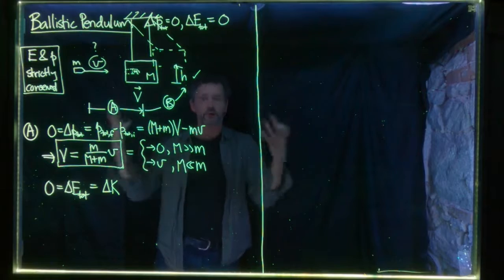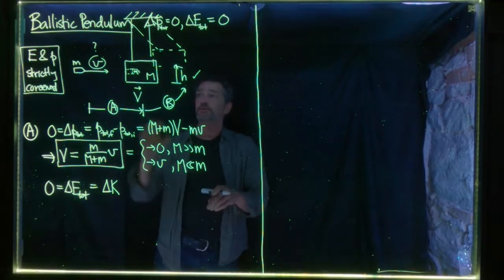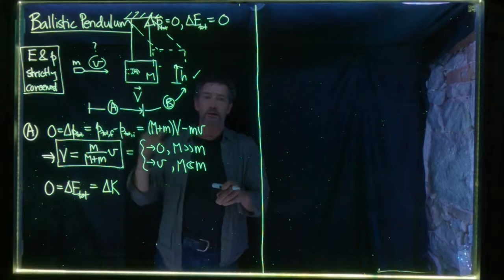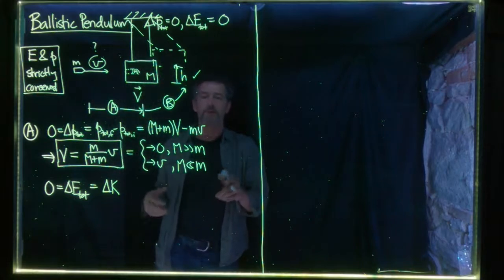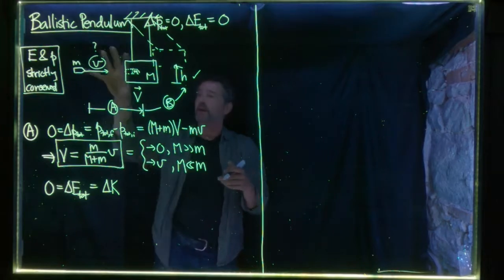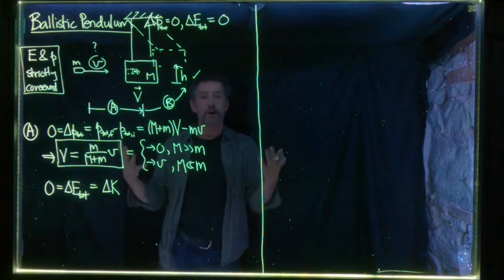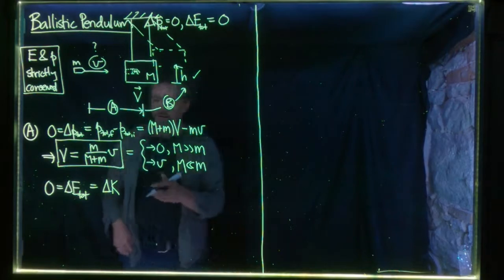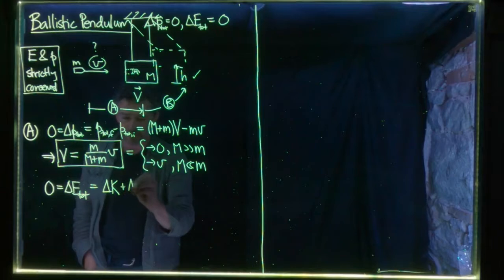So a bunch of thermal energy is generated. Or there's the sound of this thing, bang. You can hear the bullet hitting. There'll be a sound emitted. So basically the kinetic energy is going to go into all kinds of other energies as well. And so we'll just write that as plus delta E other.